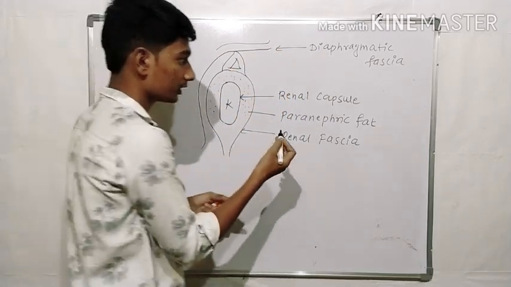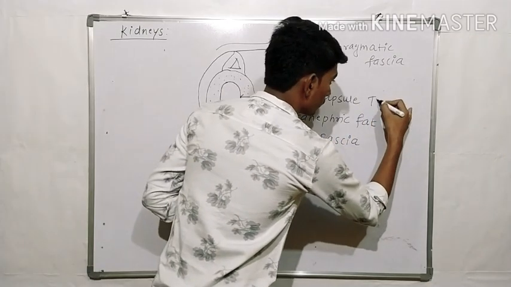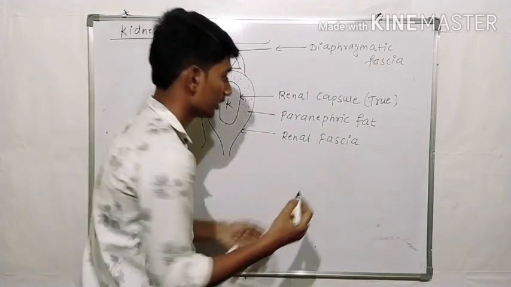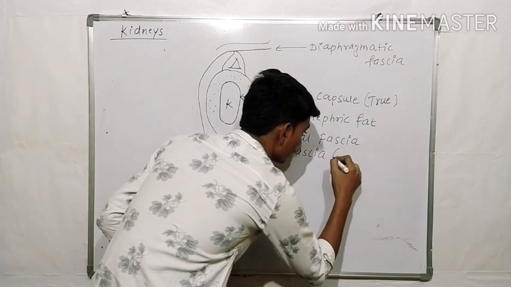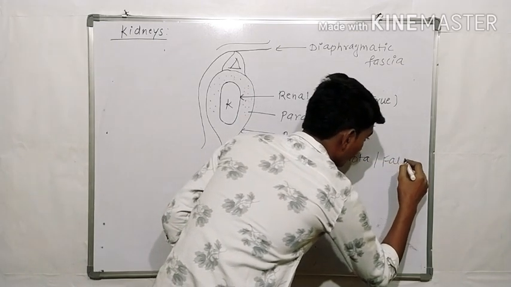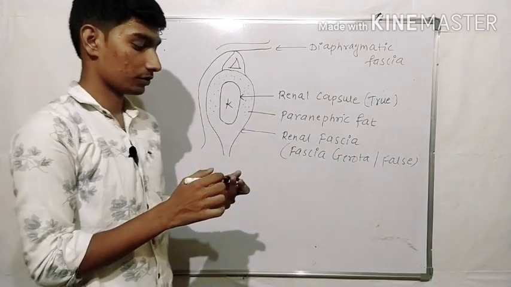Now this renal capsule is also known as the true capsule, and this renal fascia is also known as fascia gerota or false capsule.